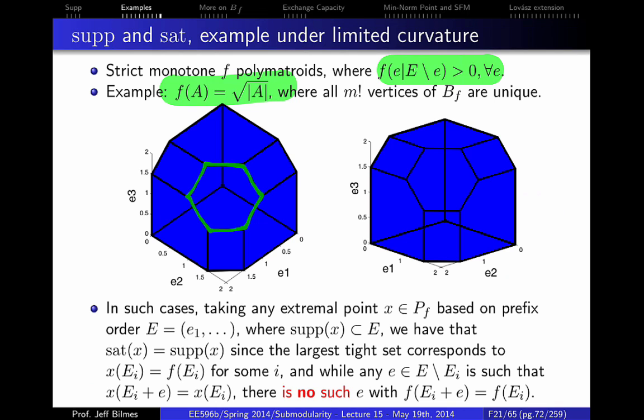So the critical thing is that any extremal point based on a prefix order, so we choose some order here, and then the sup in this particular case is going to be equal to the SAT.